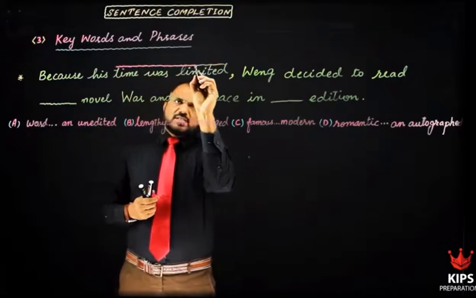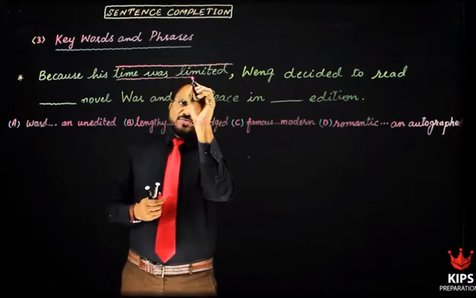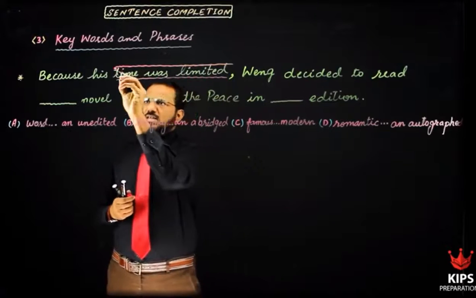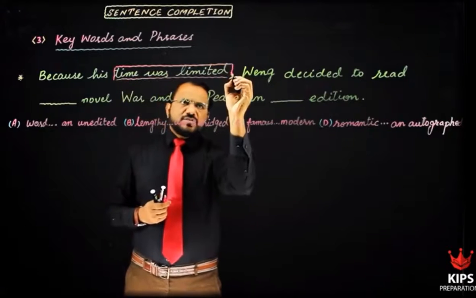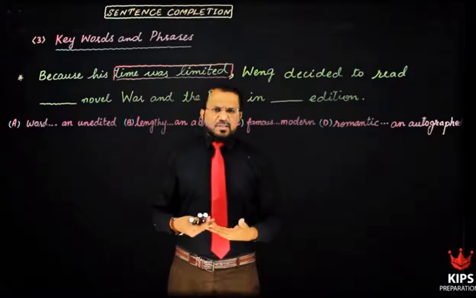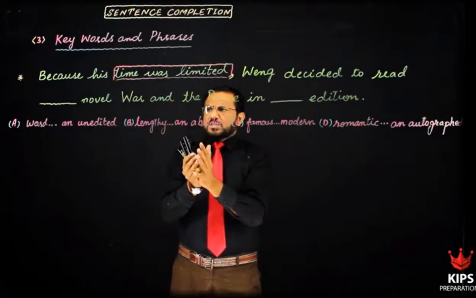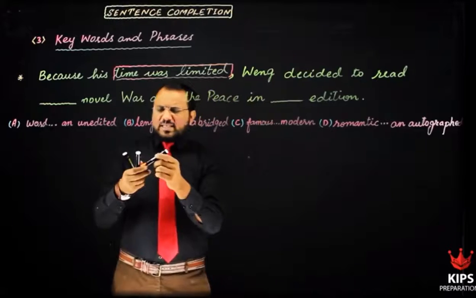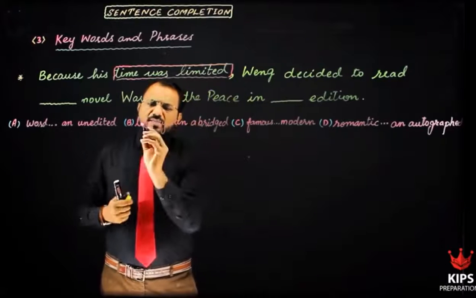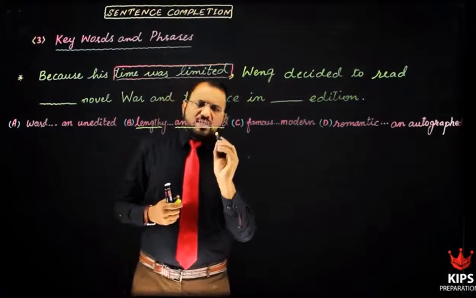What does the logic tell us when you have scarcity of time, when you have limited time, when you do not have plenty of time? What is your approach towards doing things? When you have short time, you do the lengthy tasks in an abridged edition, right?